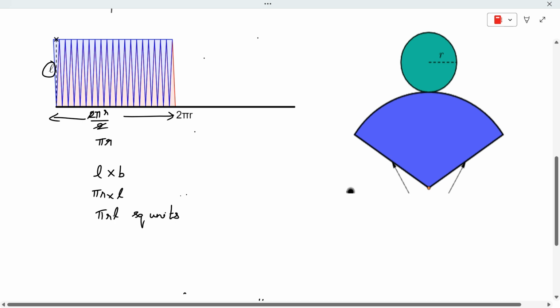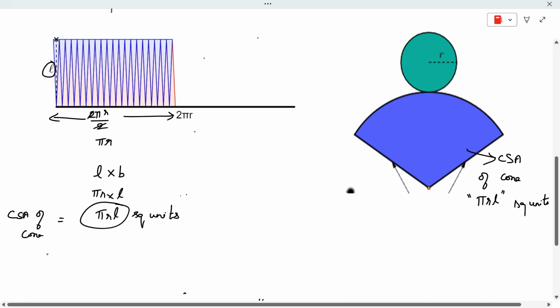So this is nothing but the curved surface area of a cone, isn't it? Because I have taken this blue face, dissected it into triangles and rearranged it to make a rectangle. So this is nothing but the CSA of a cone, and the formula which we derived is pi r L square units, isn't it?